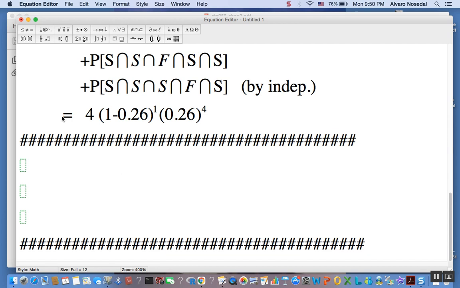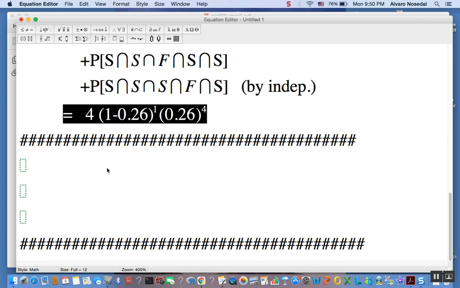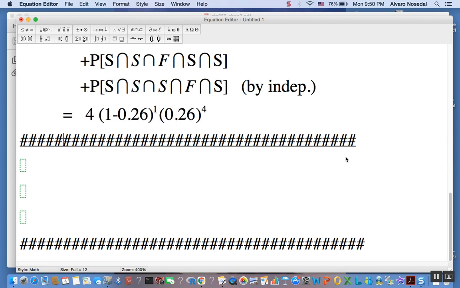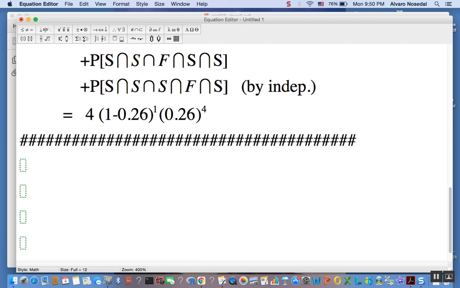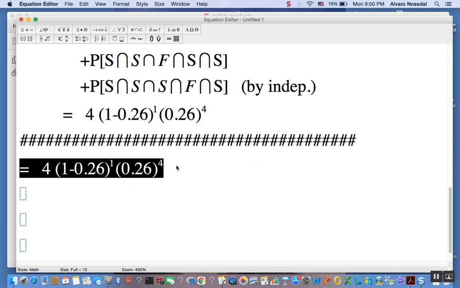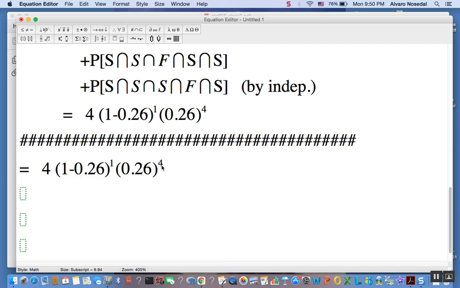So let me rewrite that probability like this. This is the same as 0.26 cubed times 0.26.